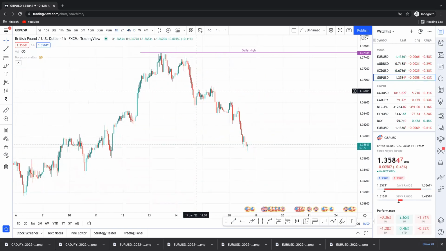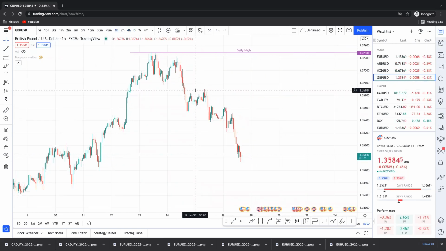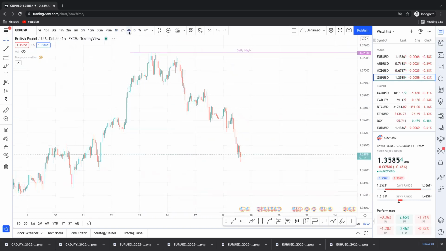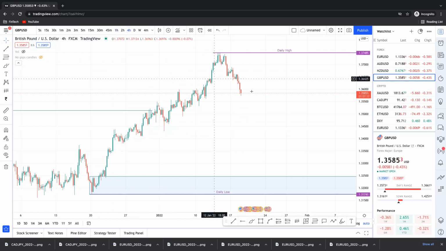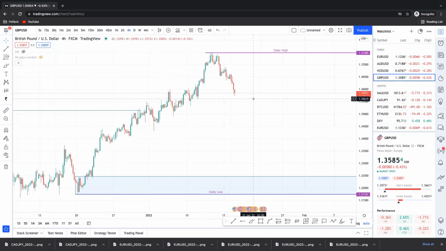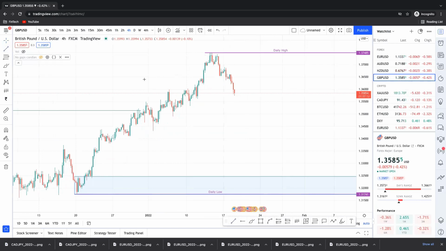Okay, yeah, I mean, there is not a proper pullback here, not much I can do here. So the only thing that is picking me up, we have this first break to the downward, and that break came from this order block.